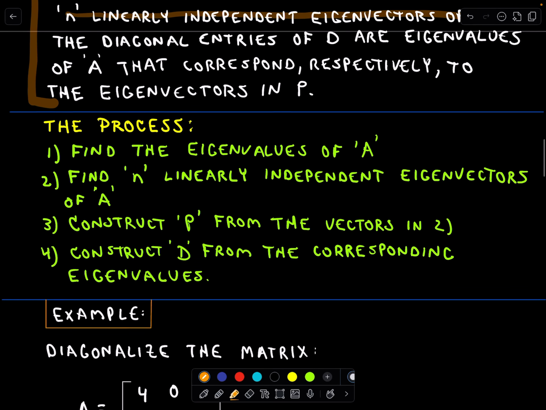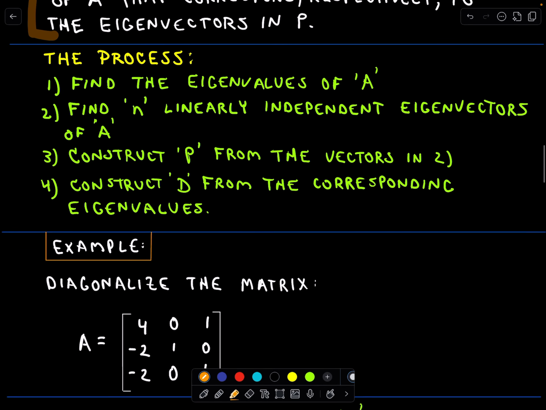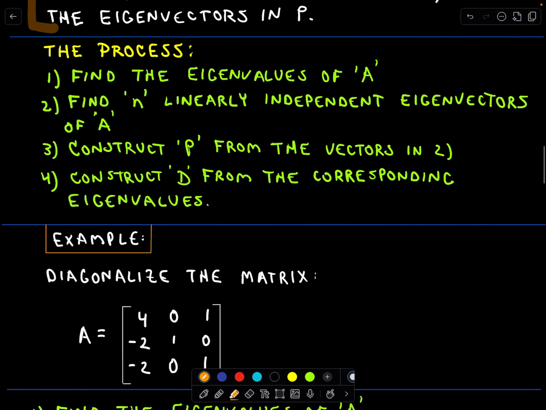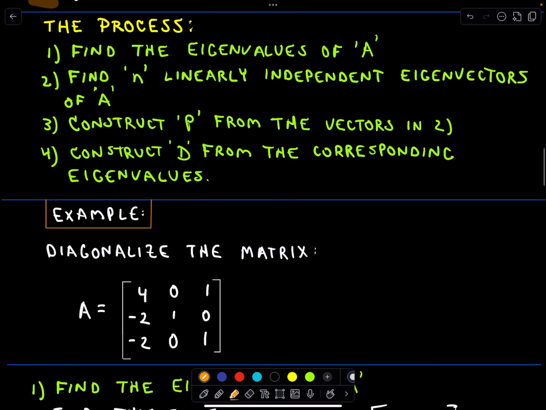Just to make it a little more clear, here is the process, and here will be the example that we'll work with. The first thing I'm going to do is find the eigenvalues of A. Next, I'm going to find n linearly independent eigenvectors of A. Next, we construct P from the eigenvectors in step 2.